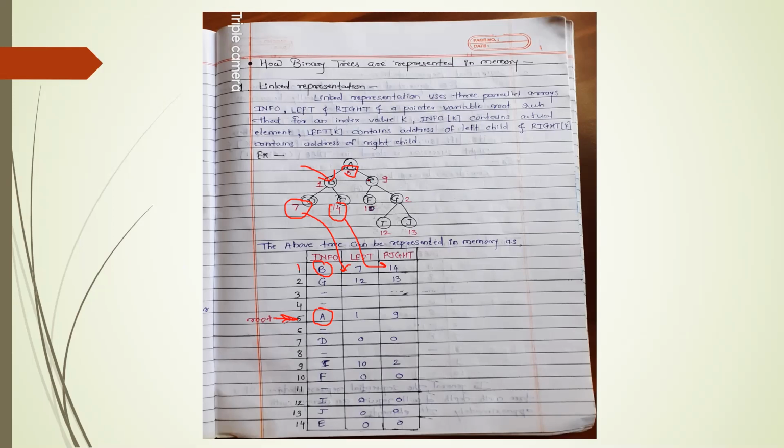Next is C. Address of C is 9. So at the position 9, C is stored. Right side there is value 10. So 10 is stored in a left side, and in right side there is value 2 stored in a right array.